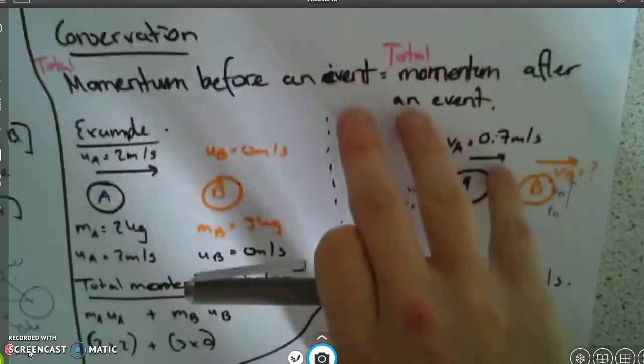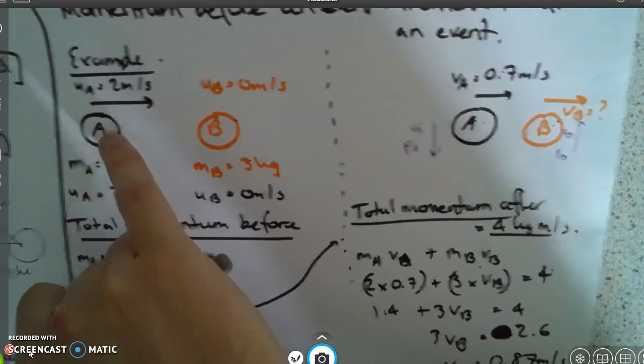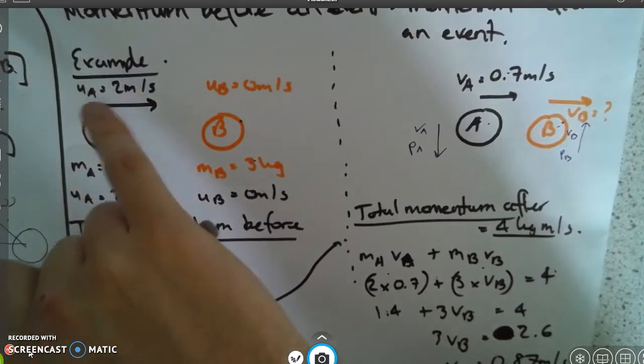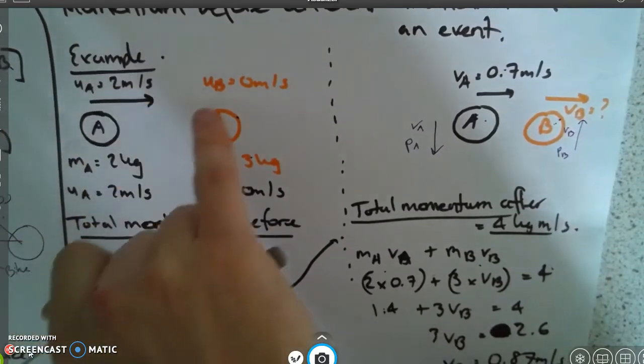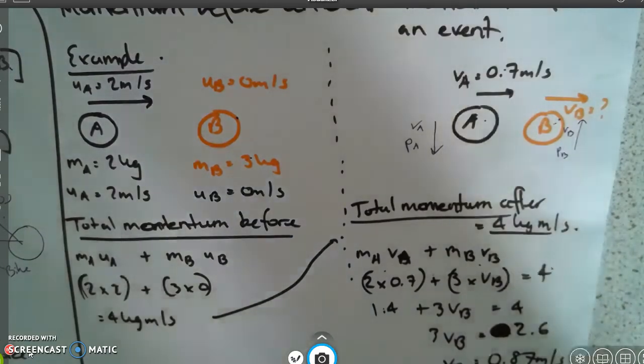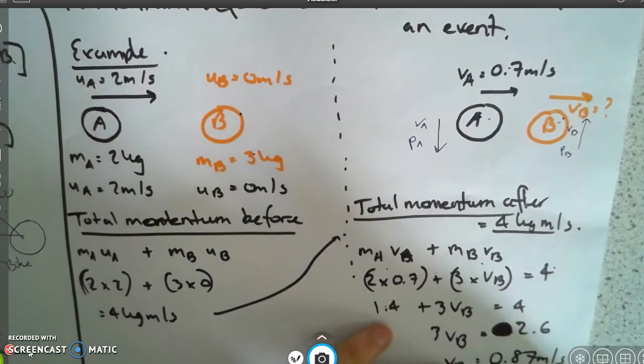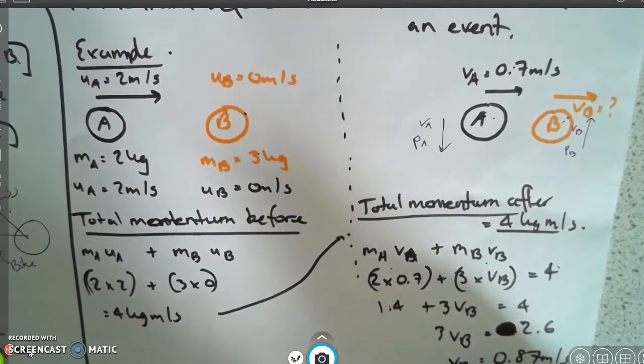An example of this in action quantitatively is this. Here we have a ball A and a ball B, and ball A is moving at 2 meters per second initially, and ball B is not moving at all. Ball A has a mass of 2 kilograms and ball B has a mass of 3 kilograms. So what you do is calculate the total momentum of both of those objects, and add them together to get the total momentum before the collision.